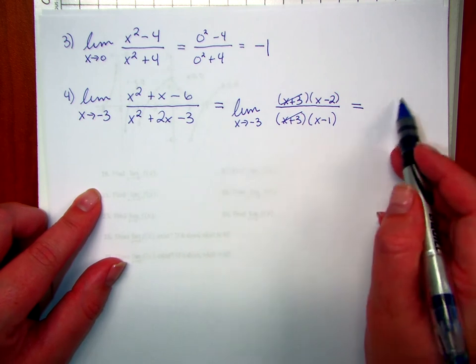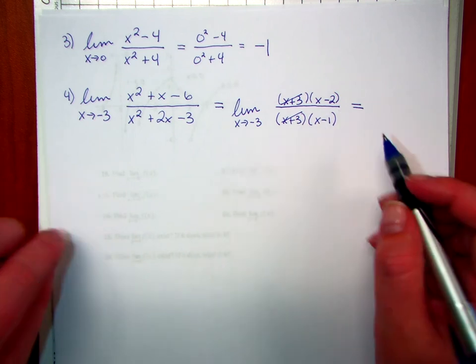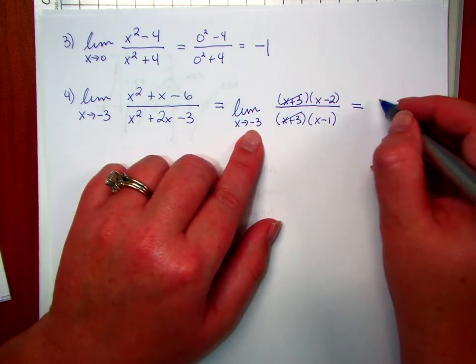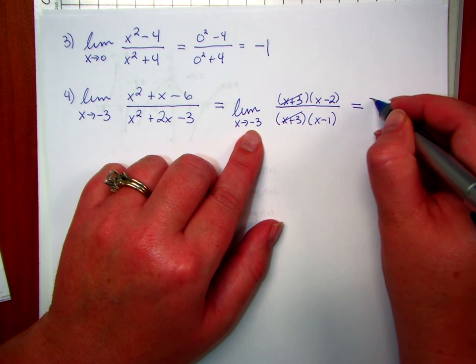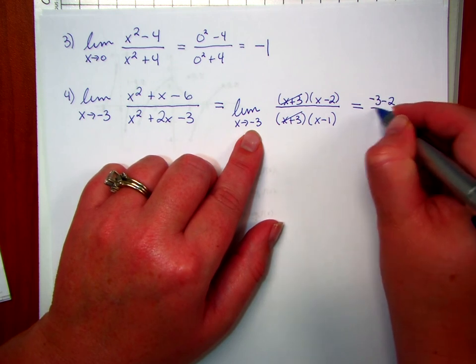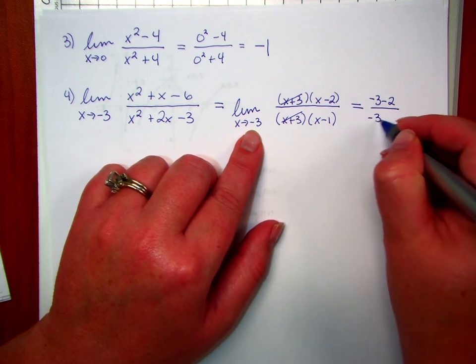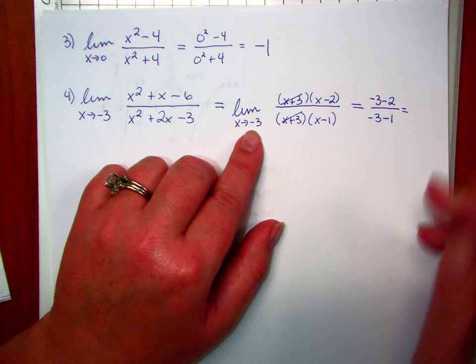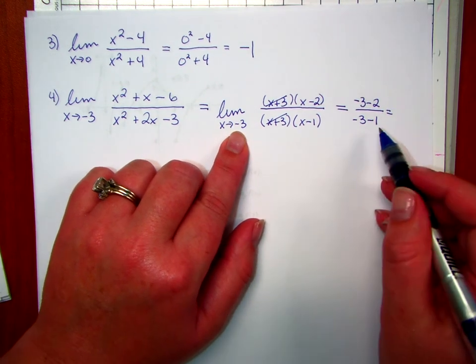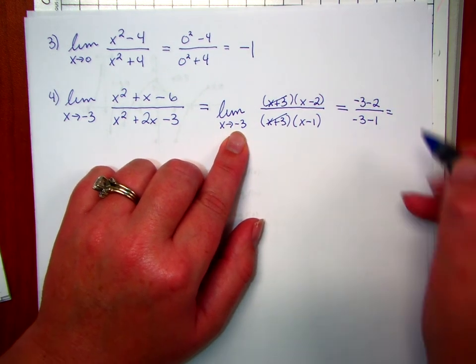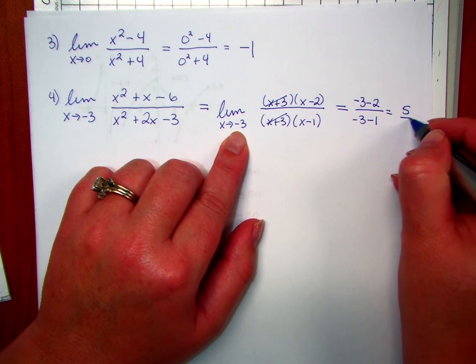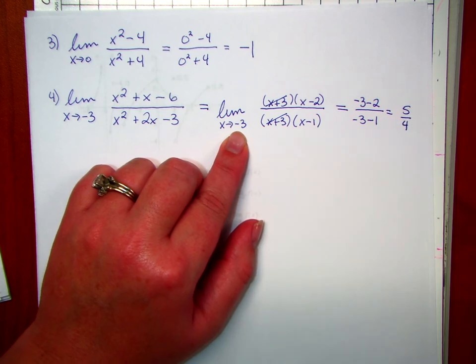I don't need to write the limit anymore. I can just write the value that we're going to get. So we're going to get negative 3 minus 2 on top. We're going to get negative 3 minus 1 on the bottom. And so negative 5 divided by negative 4 is a positive 5/4.